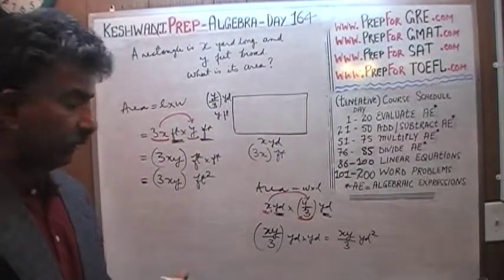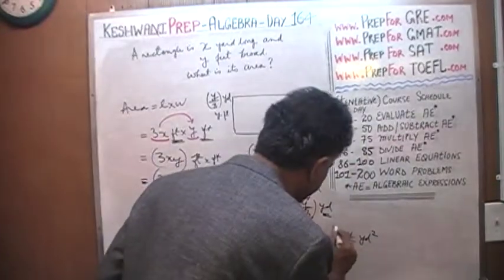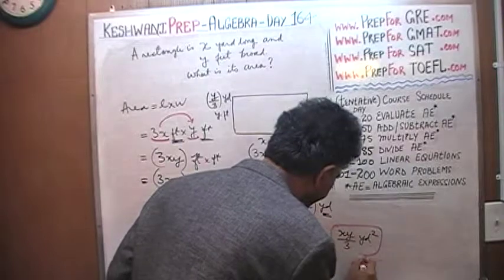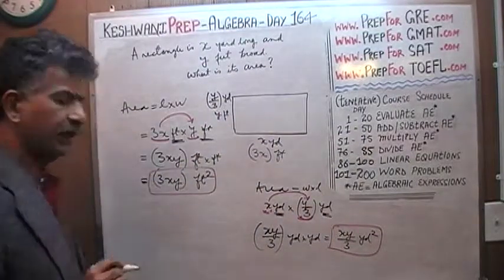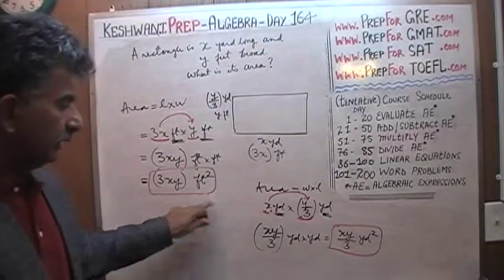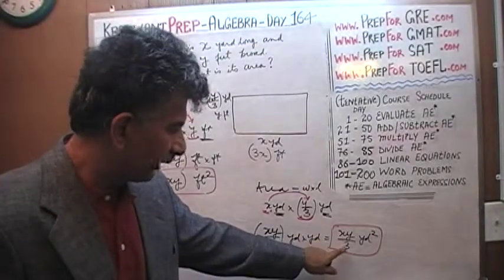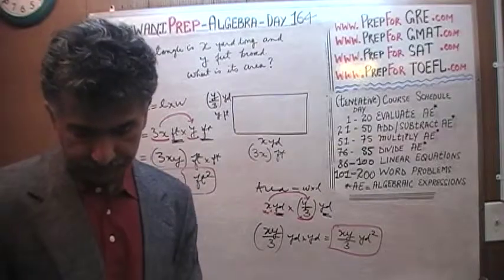So depending on how the question is asked, it's going to be either 3xy square feet or x times y over 3 square yards.